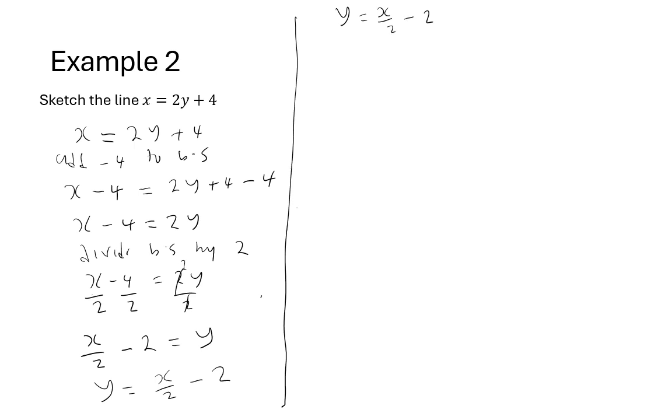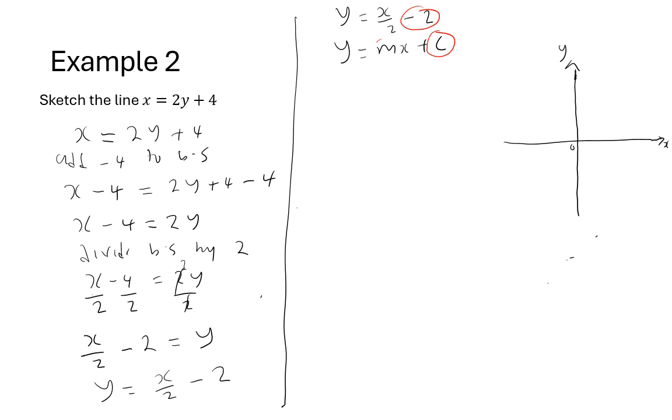If you remember, our format is y equal to mx plus c. So we want to find our c, and looking at this, our c here is just minus 2. That's where the line crosses the y-axis. So we can start drawing our line. This is the x-axis, this is the y-axis, and we need minus 2.